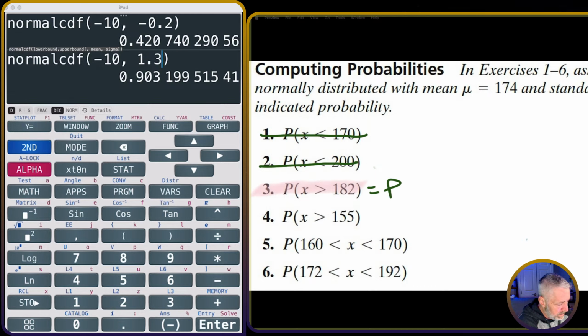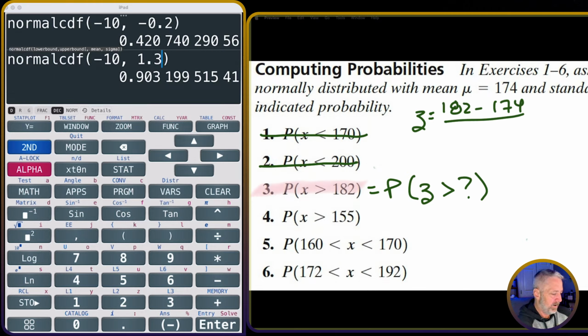So I want this to be the probability that some z-score is greater than whatever the transformation becomes from 182 to the z-score. And we go z-score, and that is equal to the x value, 182, subtract 174, divided by 20. Okay. How easy it is to make a mistake.